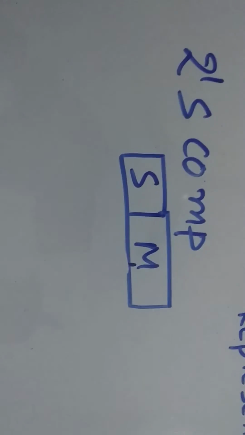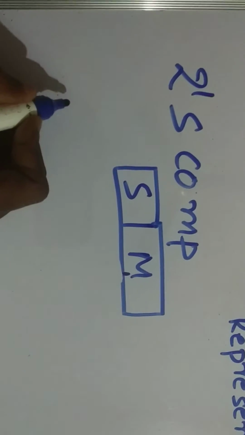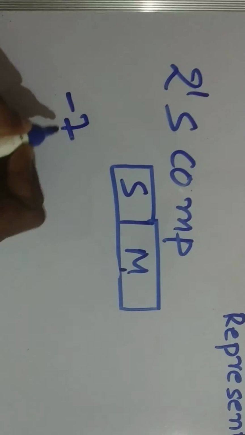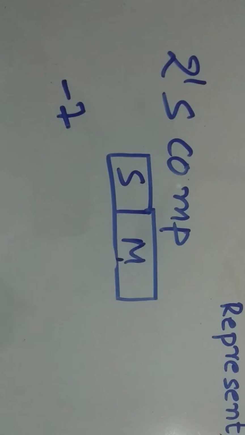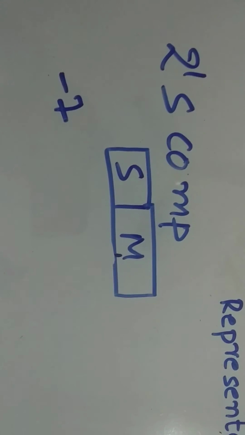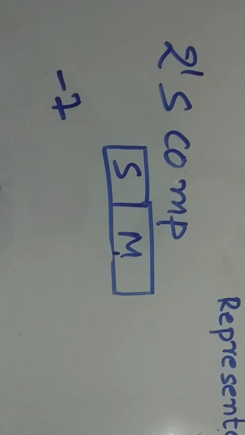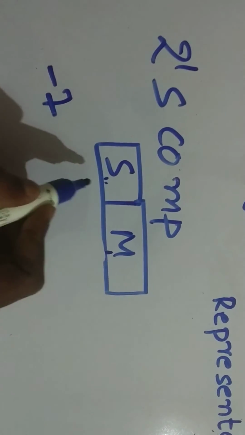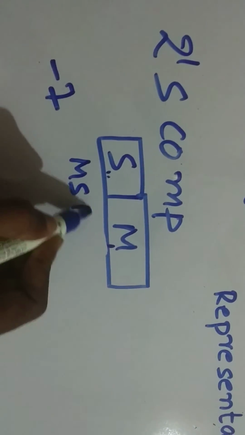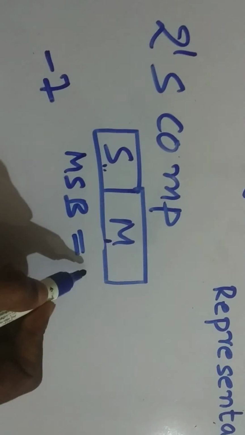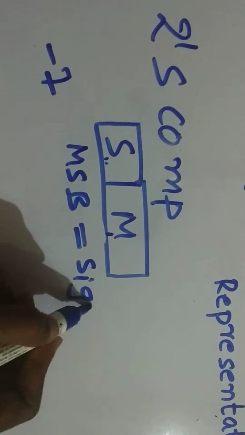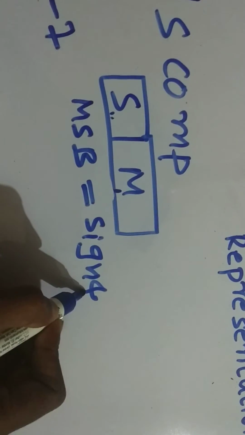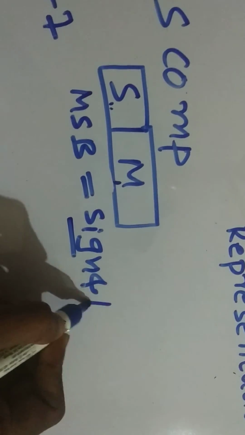Okay. So to get a better understanding, let's go with an example, minus 7, how minus 7 is represented. And one more important thing before going to minus 7: this sign bit is also a magnitude bit. The MSB is not only a sign bit. In case of a 2's complement, it has sign and magnitude. Don't forget it. The MSB of a 2's complement has sign as well as magnitude.